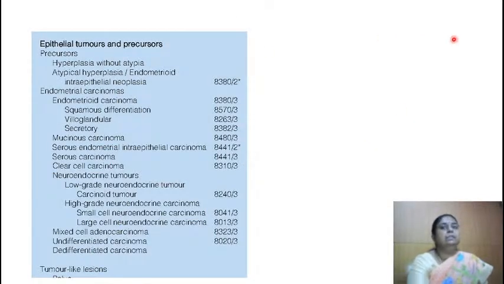Okay, so now to tell you, we have a large list of epithelial tumors and their precursors. The WHO has classified it into so many groups. For you to remember, we divide it as type 1 and type 2, and then they are endometrial carcinomas, endometrioid and non-endometrioid. Okay, now endometrioid, again they have different variations. And non-endometrioid is serous carcinoma, clear cell carcinoma, all these are non-endometrioid carcinoma.